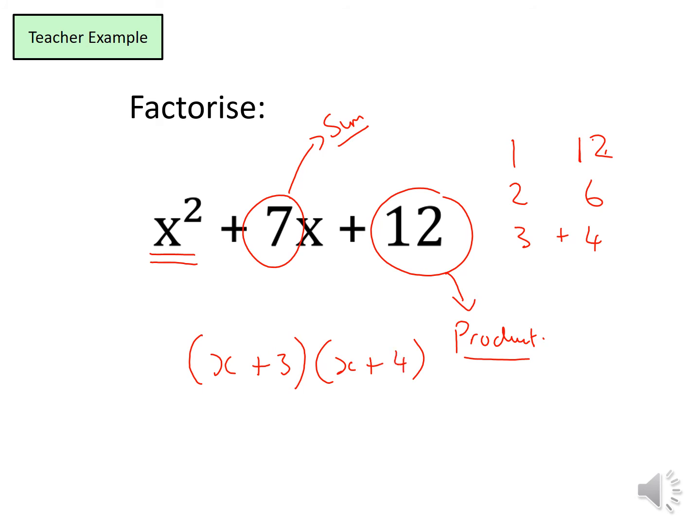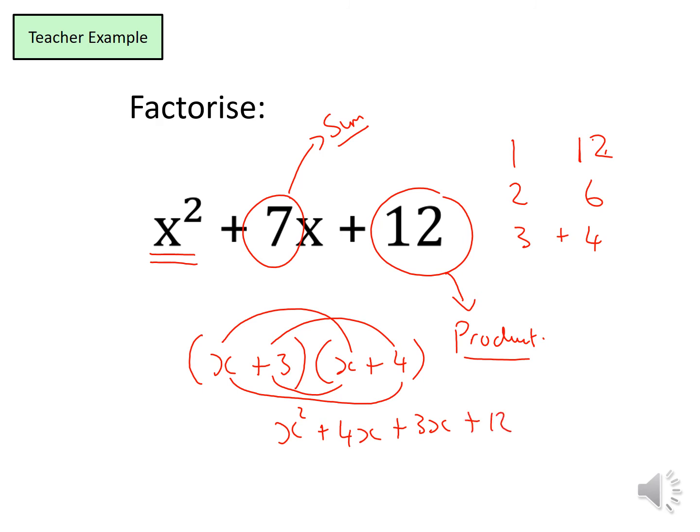Now, to check if I have done this correctly, I can use the FOIL method and expand this bracket. So I'll have x times x, which is x squared, x times 4, which is plus 4x, 3 times x, which is plus 3x, and then 3 times 4, which is plus 12.